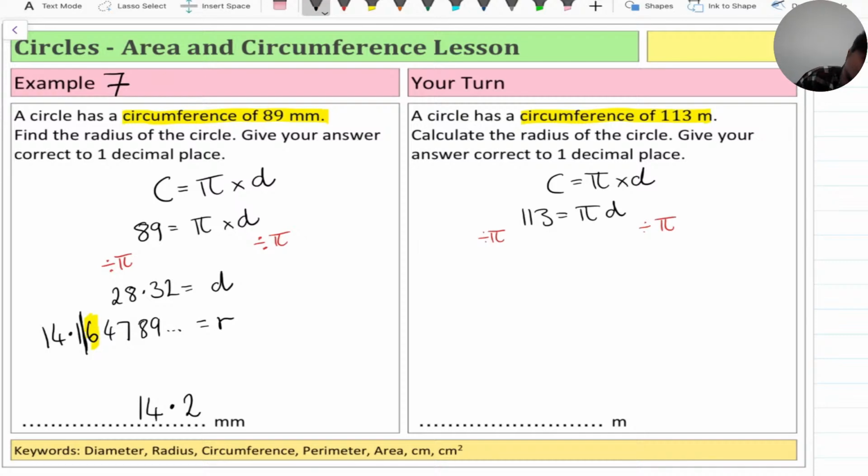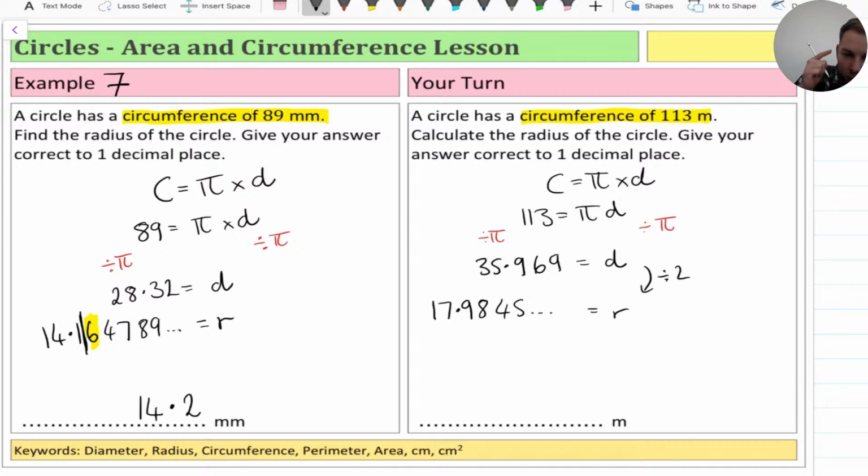which is equal to 35.969, continuing, is equal to d. To find my radius, I divide by 2. So divide by 2, and this gives us my radius is equal to 17.9845, continuing on.